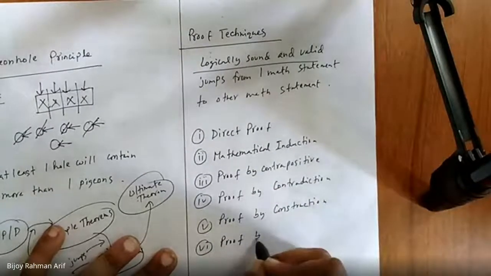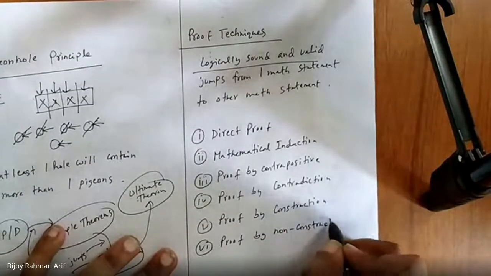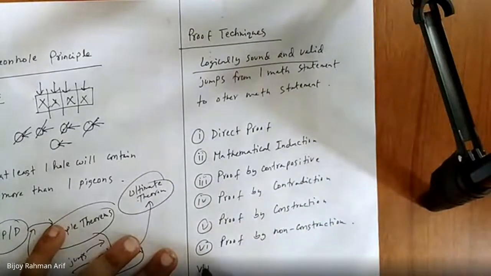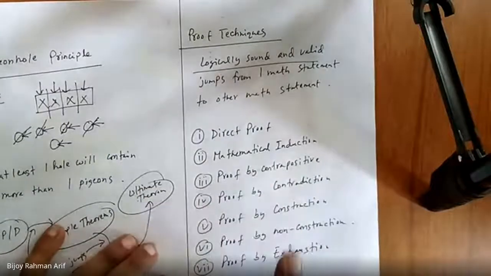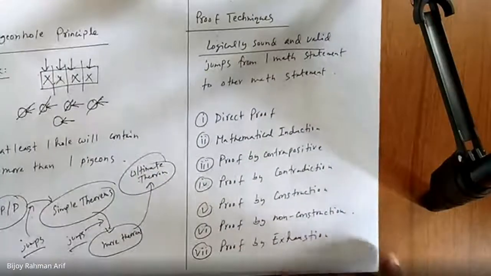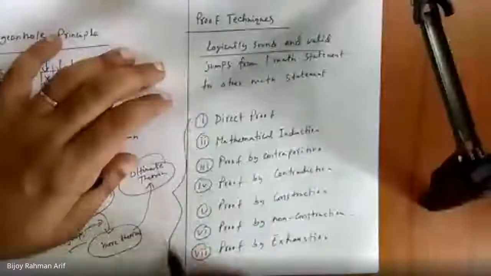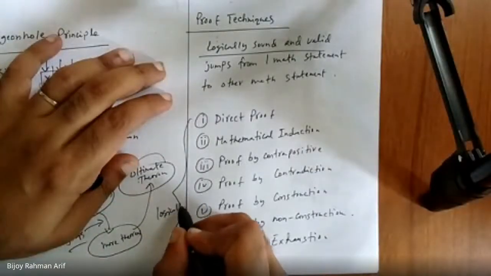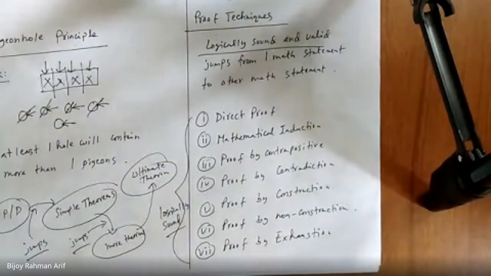Proof by non-construction. Then proof by exhaustion. So these are all the most famous proof techniques. There are a few more: probabilistic proof, then proof by figure arguments. Those things are also there. And all these proof techniques must be logically sound. So let's give one example of each of these categories.